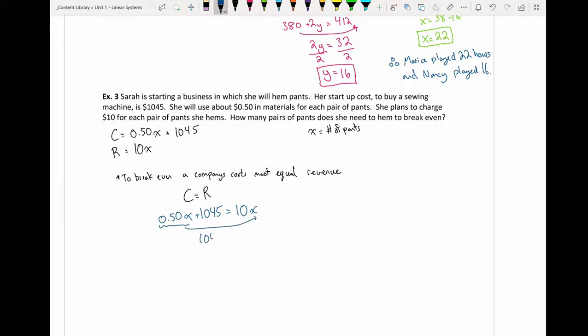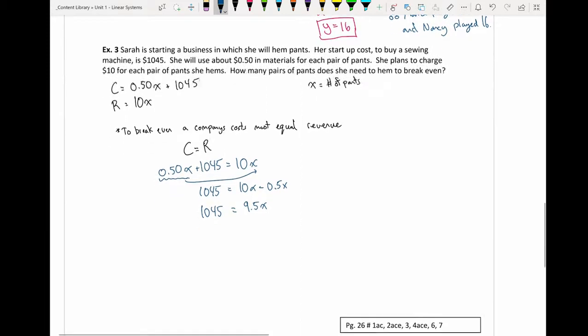So I get 1045 equals 10x minus 0.5x. 1045 equals 9.5x. To solve, I'm going to divide one side by 9.5, the other side by 9.5. It'll cancel on one side, and I'm left with 110 equals x.